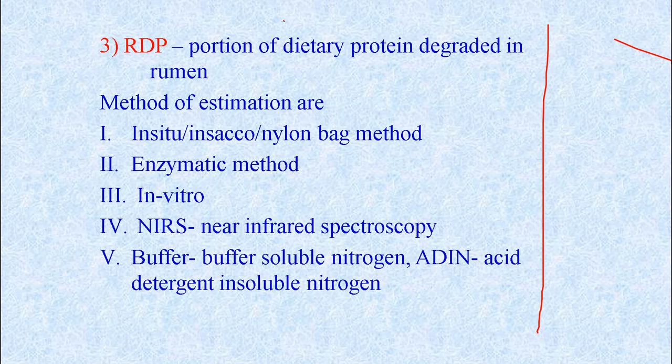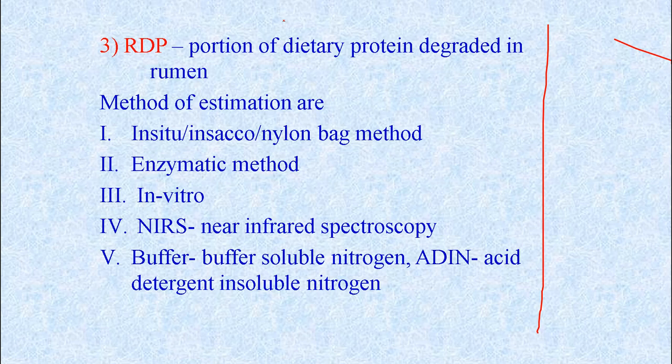These are created by using the optimum environment, the pH and the food ingredients. NIRS is one of the methods where near infrared spectroscopy is also used to calculate the RDP.